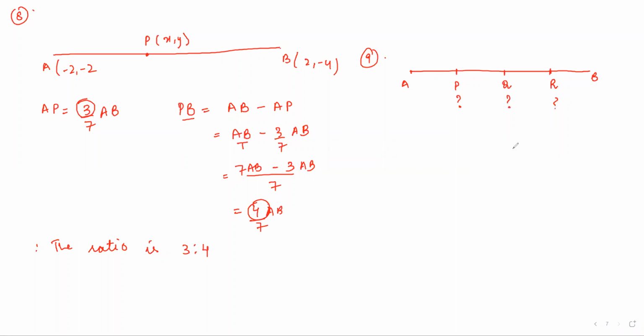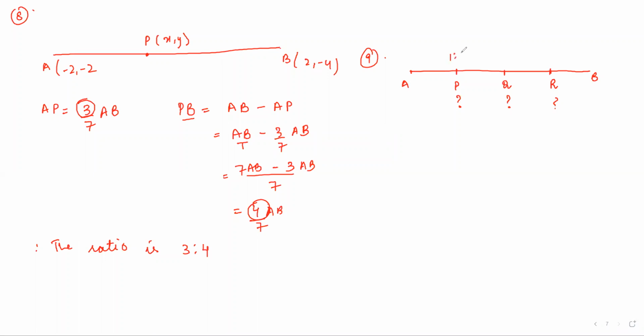Understood? Okay. Now again, there are 2 methods of doing this question, Azan. One is find the ratio first of all. If you look at P, in which ratio is it dividing? Can you tell me? 1:3. Very good.